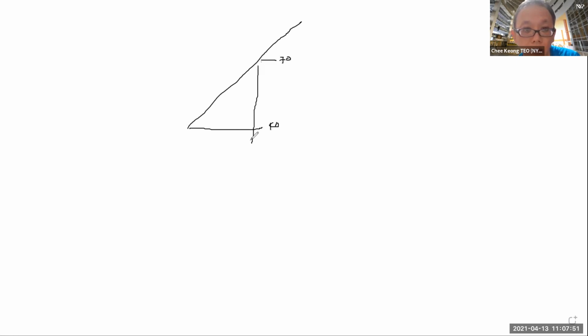And of course this guy here, you got 34, and what you get here is 14. So the slope really equals 70 minus 40 divided by 34 minus 14. So you get 30 over 20, so it's actually 1.5.